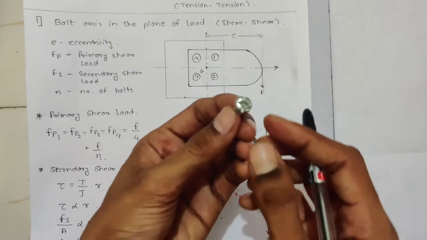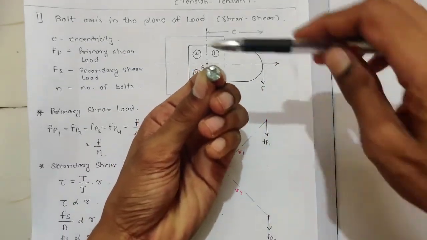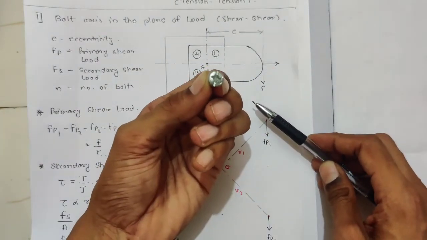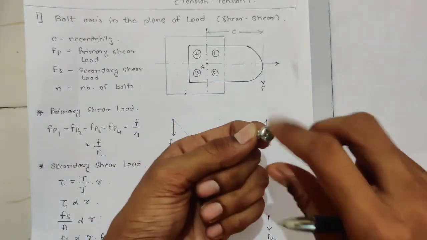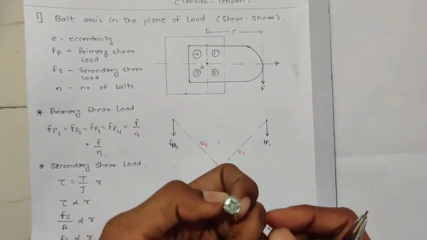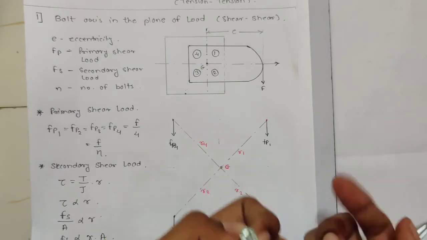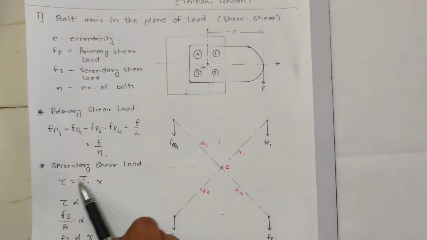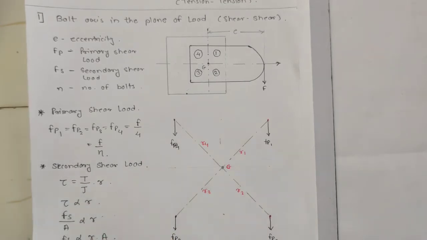It is actually a screw, but I am considering it a bolt. When you apply load over here, the bolt will try to rotate. If it is rotating, then torque is acting, and because of torque, shear stress is going to act. So we will call it the secondary shear load.